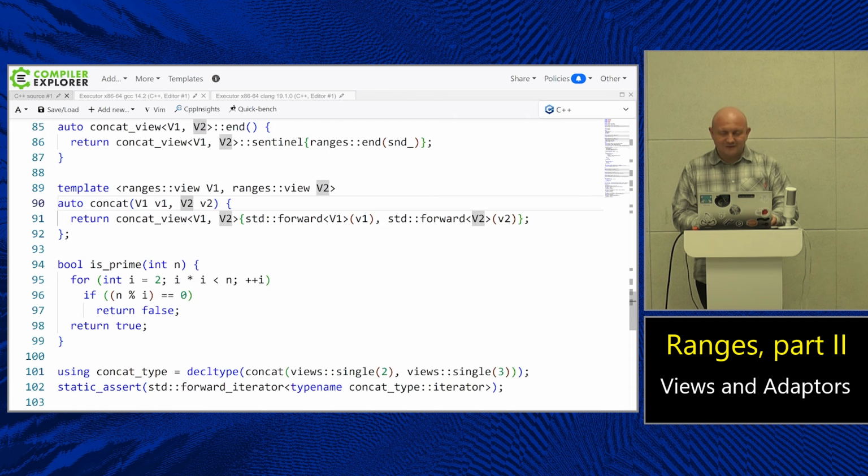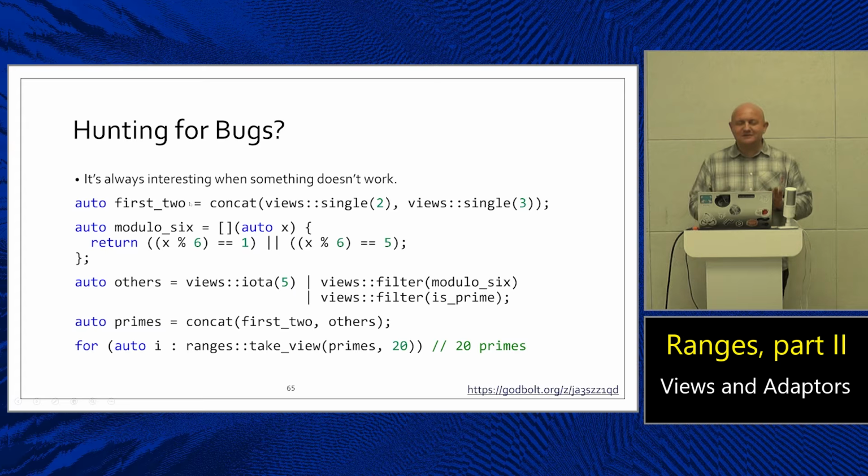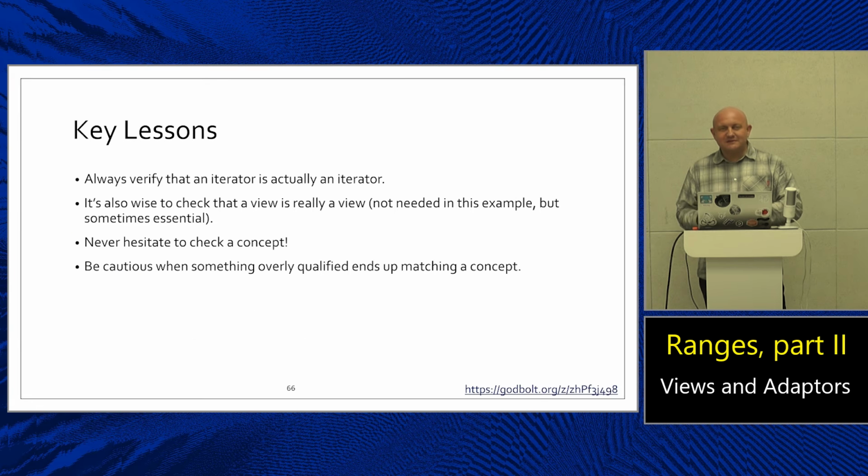So yes, you see, in some cases ranges can be scary, but please don't worry. With some practice, you will find your way out of the subtlest bugs. So, key lessons.